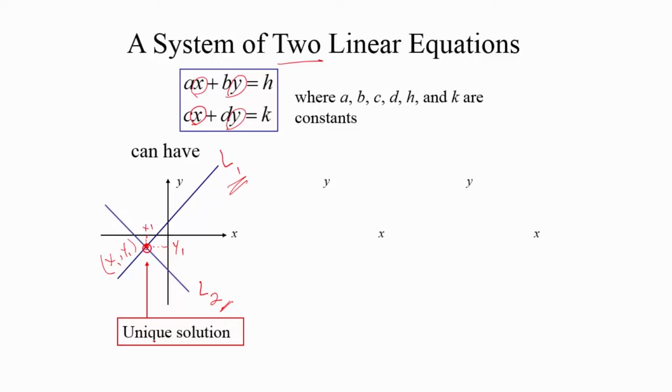So here you would have a unique solution because two lines can cross each other only at one point. Line 1 keeps going in this direction and this direction, so they'll never meet again, and line 2 goes in this direction and this direction, so they never meet again. That is different when you have, for example, two curves.